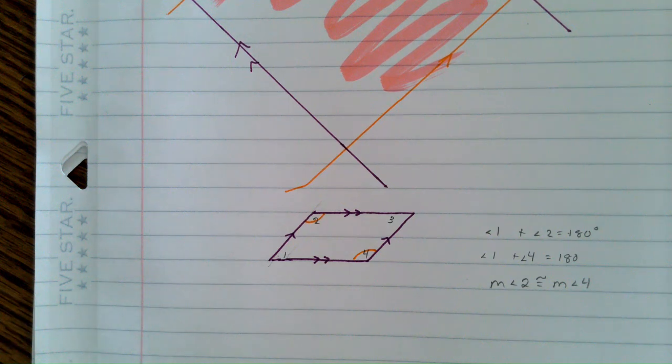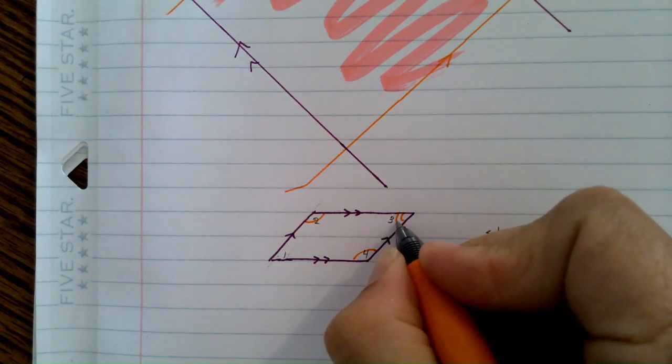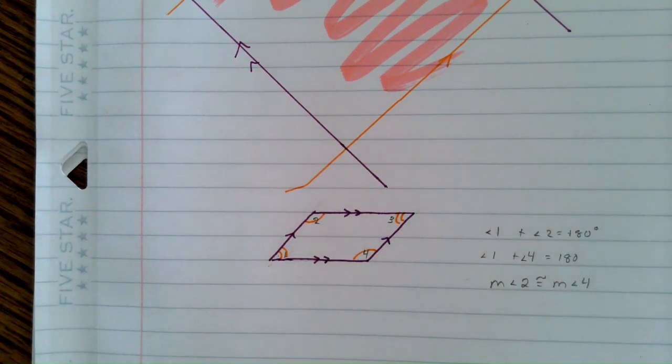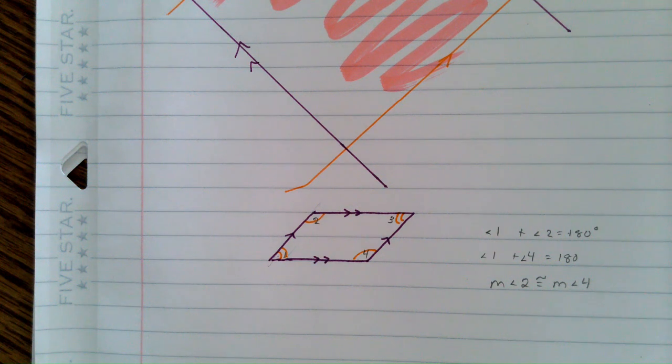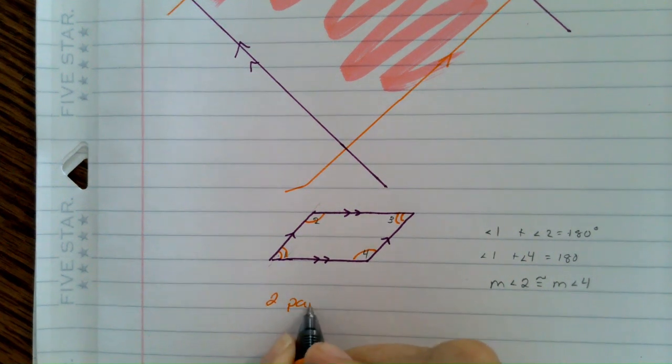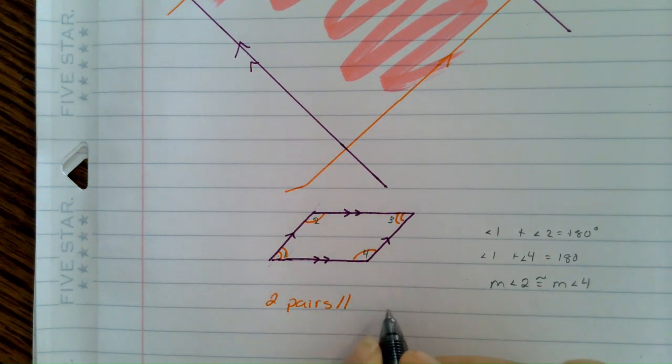Could we go through all that same work and do the same with angle 3 and angle 1? Absolutely. Also, because parallel lines are always equidistant apart, not only do you have two pairs of parallel lines, you also have two pairs of congruent segments.